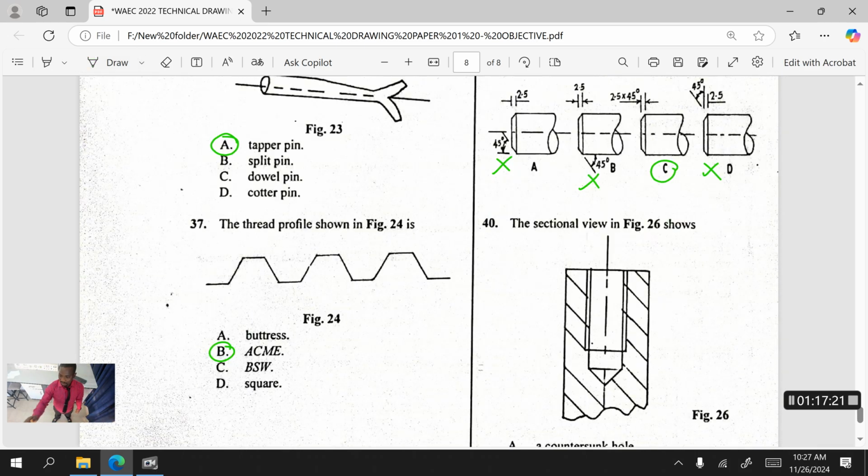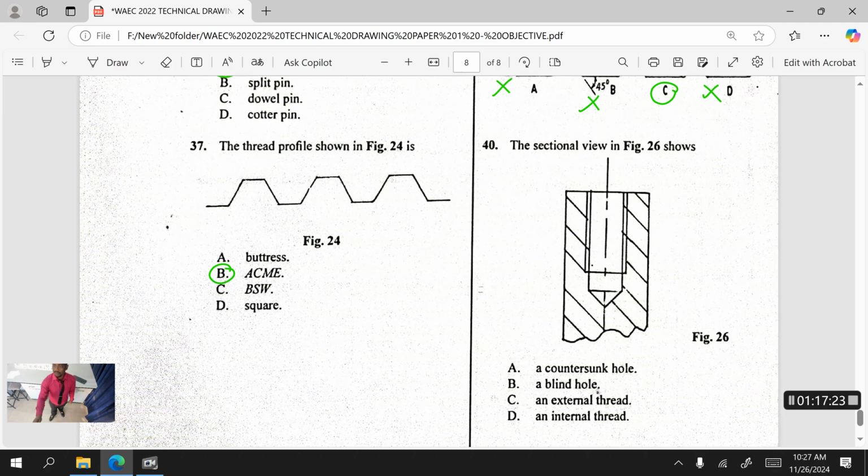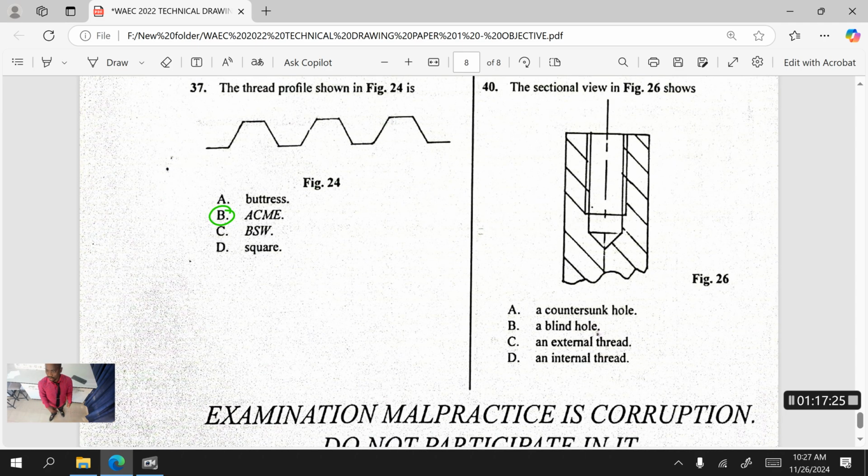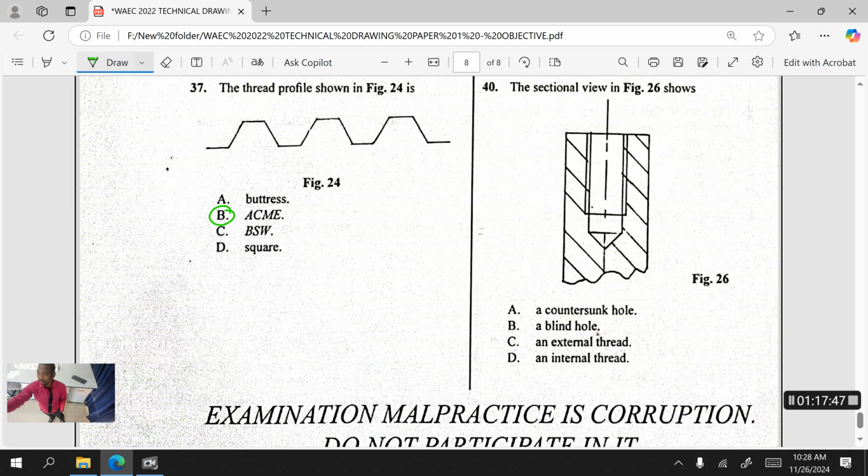So lastly, we have 40. The sectional view in figure 26 shows, the sectional view. So remember, we don't section a bolt or a stud. So that is why that part is not sectioned. So is it a countersunk hole? No. A blind hole? No. If it is a blind hole, please take note, it's going to form this.